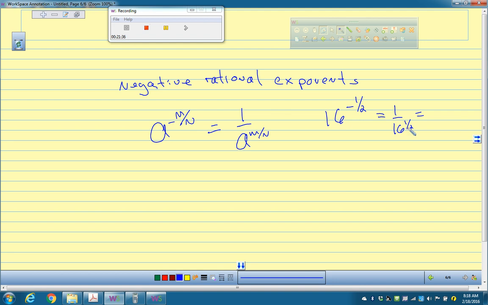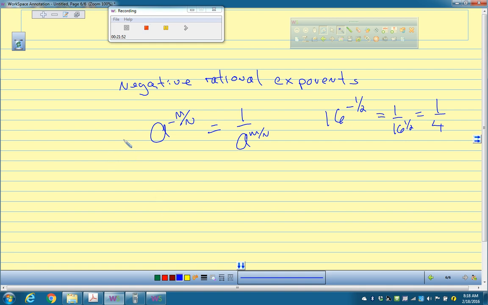What's 16 to the 1/2 power? It's the square root of 16.